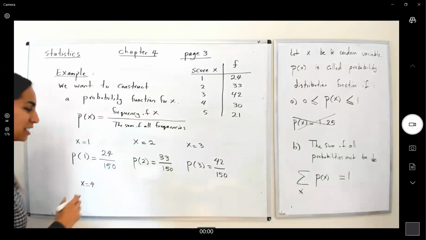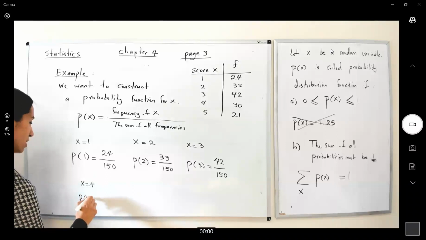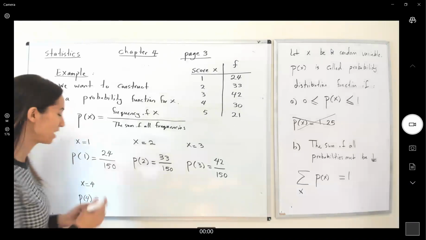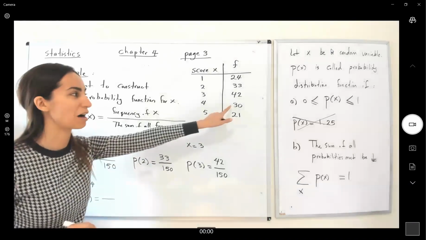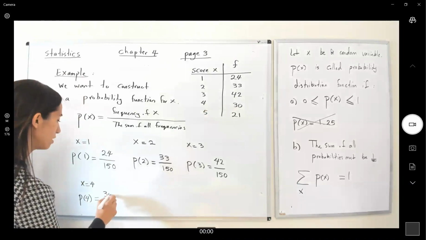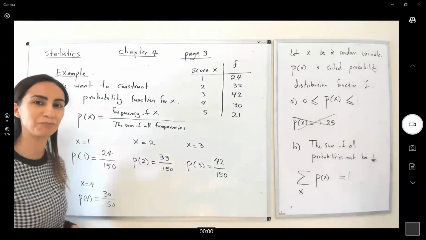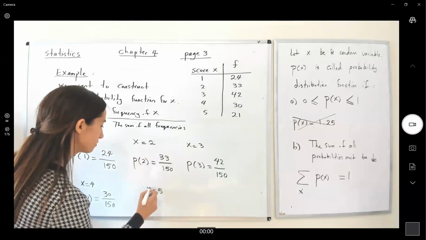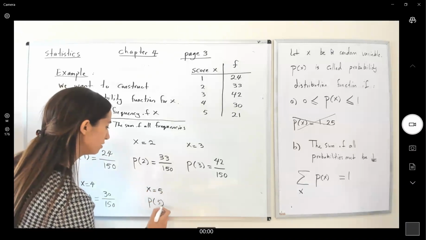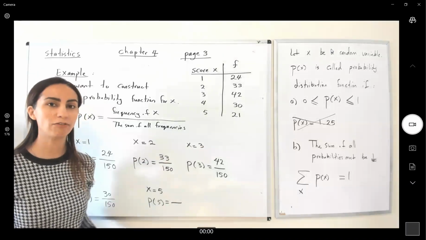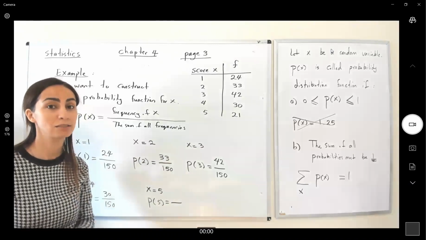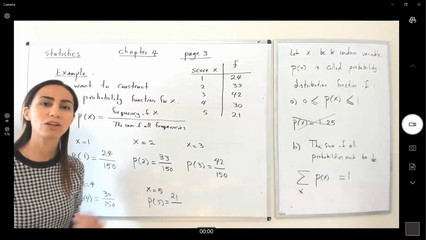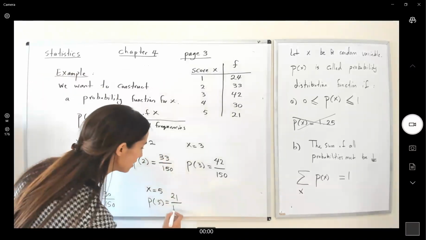When x is 4, the probability that x is 4, or the probability of employees who got score 4 is, on the numerator you have 30. 30 of them got 4 out of 150 of them. And finally, the probability that x is equal to 5, P of 5, is the frequency of employees who got score equal to 5, which is 21 divided by the total number of employees who were surveyed, which is 150.